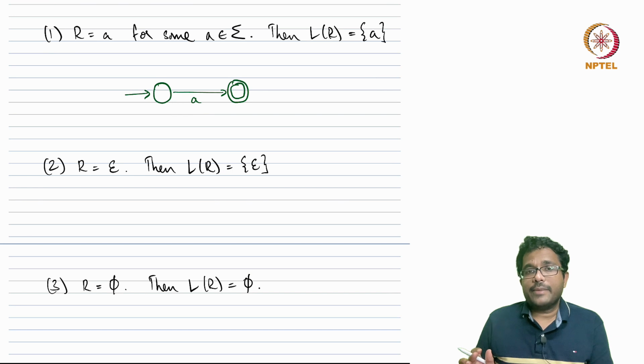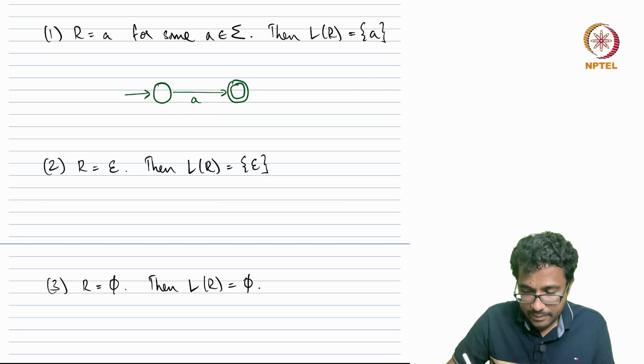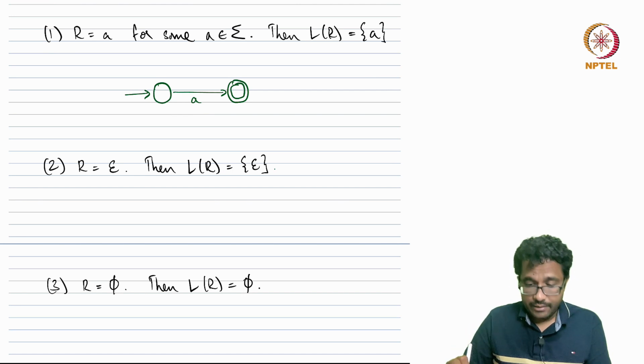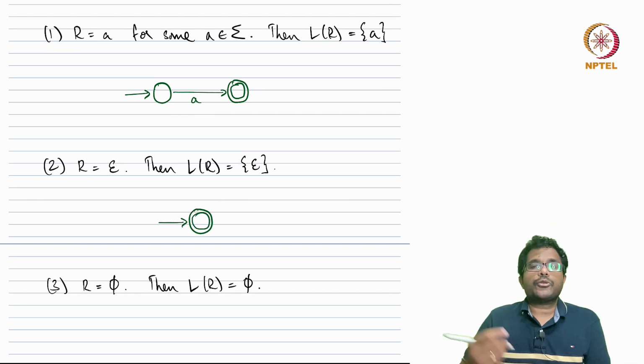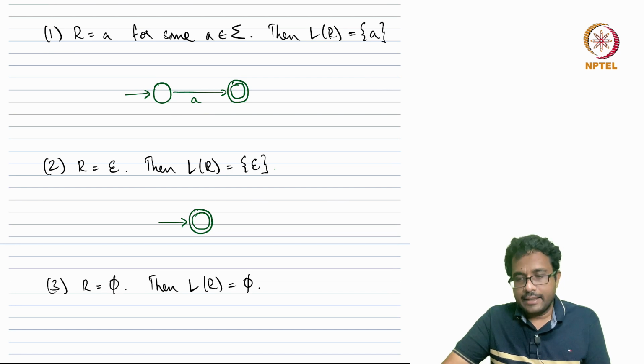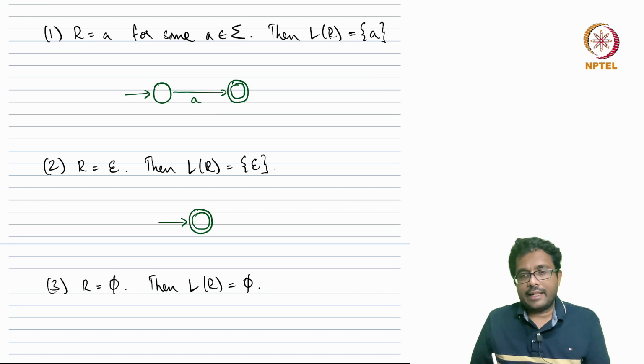Suppose R is the empty string, which means we need an NFA that accepts only the empty string and nothing else. That's also easy to construct. We can construct an NFA with only one state, and the start state is an accept state. So the empty string will be accepted because the start state is an accept state.